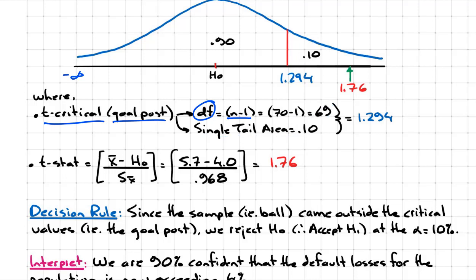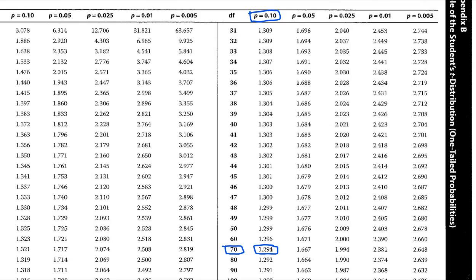So I'm going to take you to the t-table very quickly, and we're going to look for this degree of freedom and this one-tail probability, and the table will tell us how far we need to deviate away from the null. Here we are with the t-table, and you can see that we have to specify the area for one tail, and at the same time the degree of freedom.